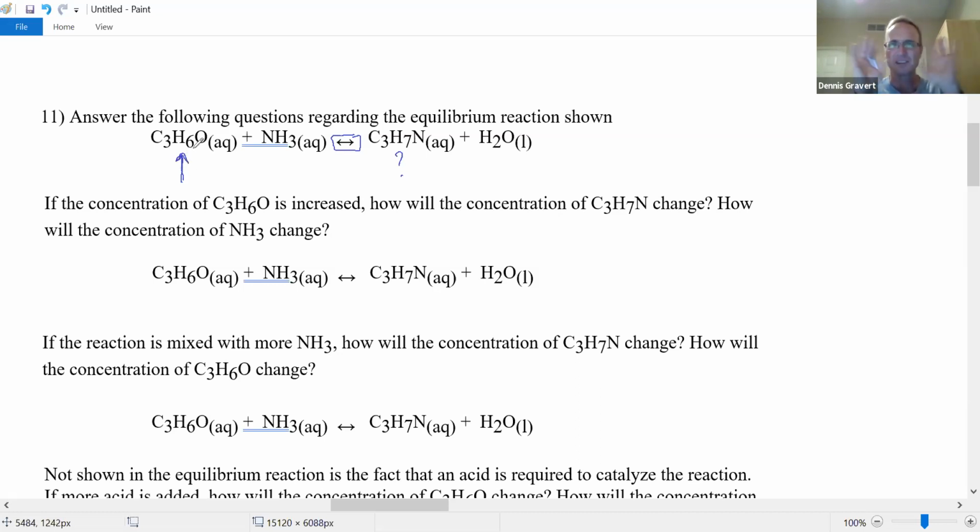And then Mother Nature says, whoa, whoa, whoa, hey, I had things balanced, you messed it all up. Let's fix it. What can we do to get rid of the extra molecules that you just added? Well, react them away. Let us shift to the right and have these two things make more of the product. And as you react them, they decrease and you make more of this one. And so this molecule is going to increase.